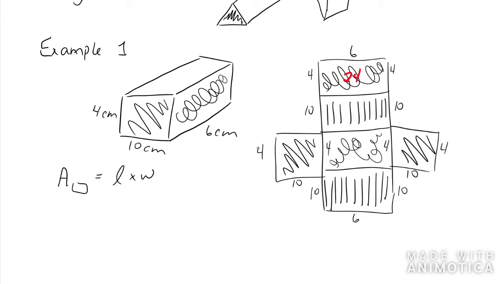This one is 10 by 6, which gives me 60. We have our 4 by 6, which is 24, and our 6 by 10, which gives us 60. And then our last two, this one here and this one here, is our 4 by 10, which is 40.